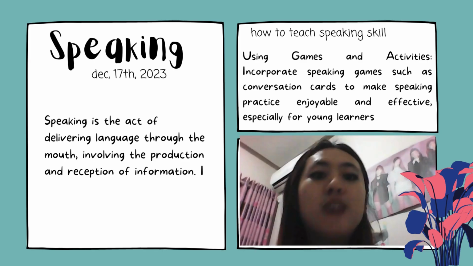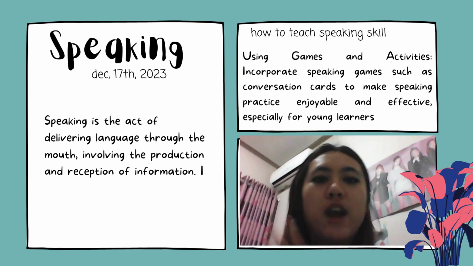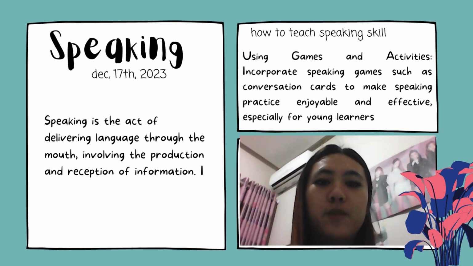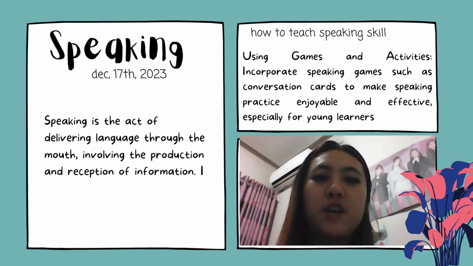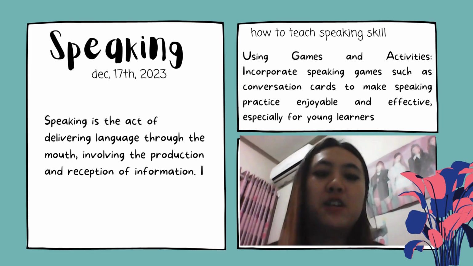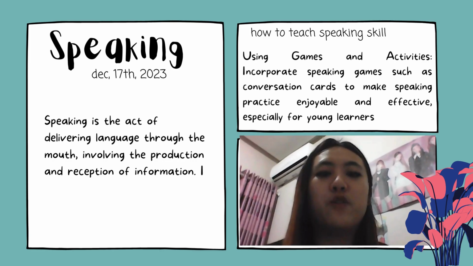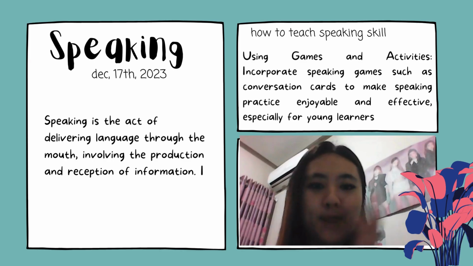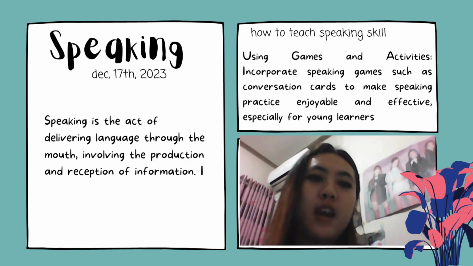This vocalized form of language usually requires at least one listener and can be formal or informal. Speech is human vocal communication using language, and it involves the use of phonetic combinations of vowel and consonant sounds to form words. And how to teach speaking skills using games and activities.